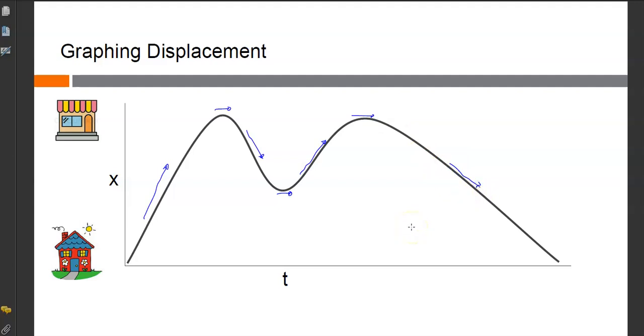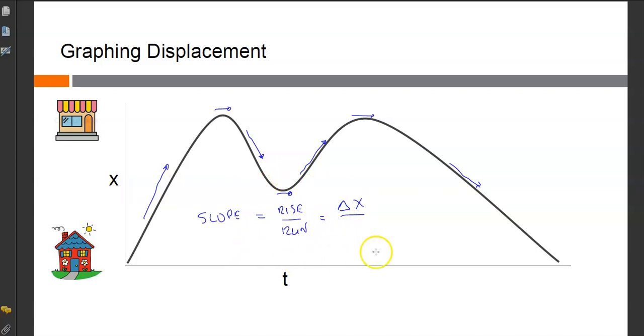Now I'd like you to think about this slope for a second, remembering that the slope is equal to the rise over the run. The rise here is what's happening in the vertical direction, that's the change in x.